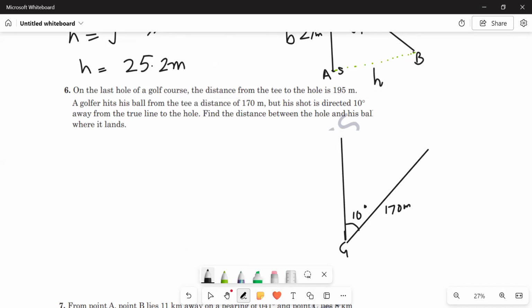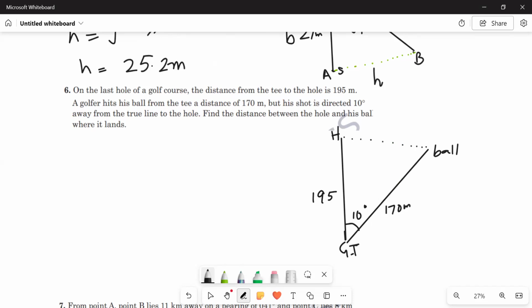It's given. So this is the hole, and he hits the ball, and it's moving to this side, that is 170 meter. This is the ball. Now we have to find this distance, and this distance from the tee to the hole is 195.